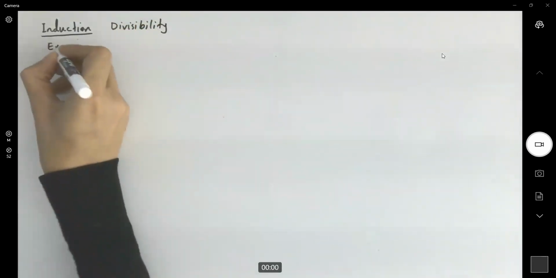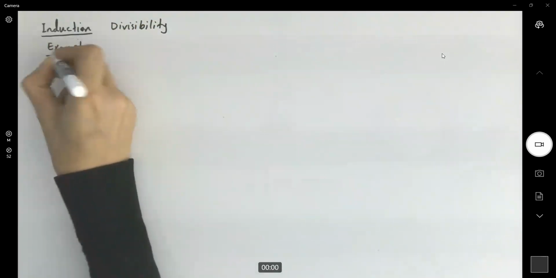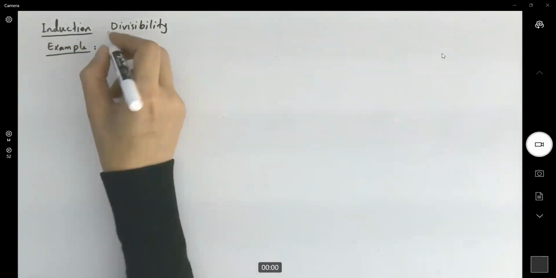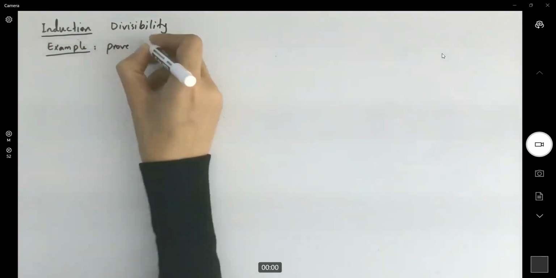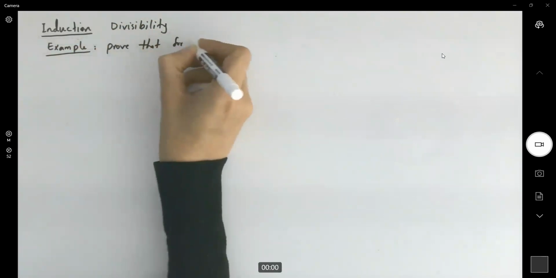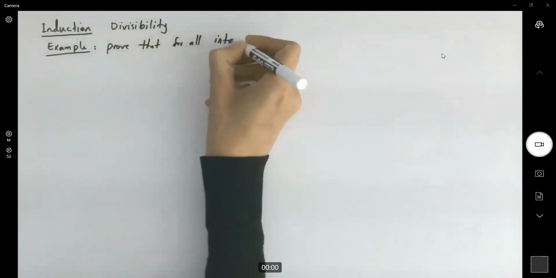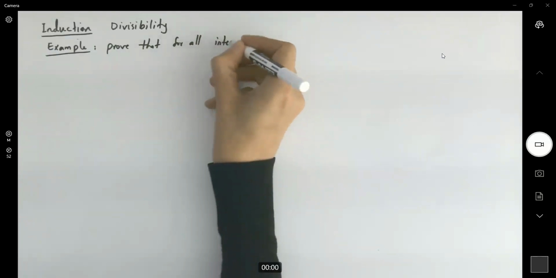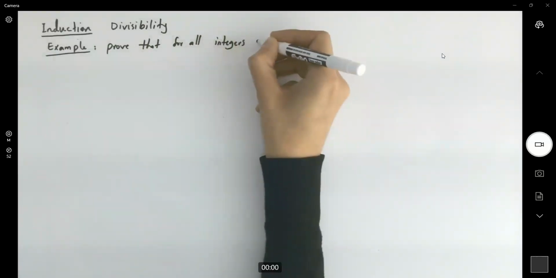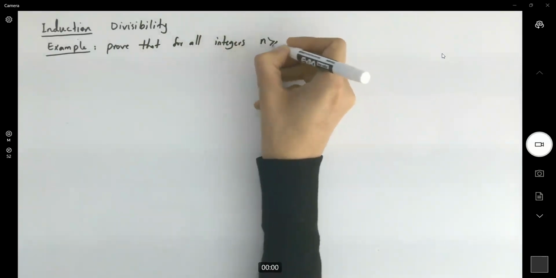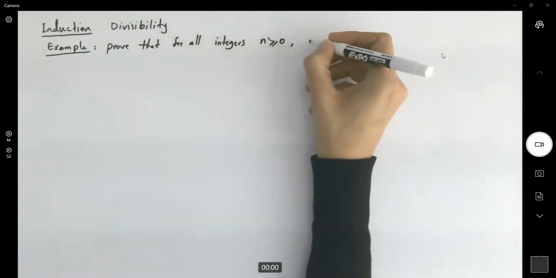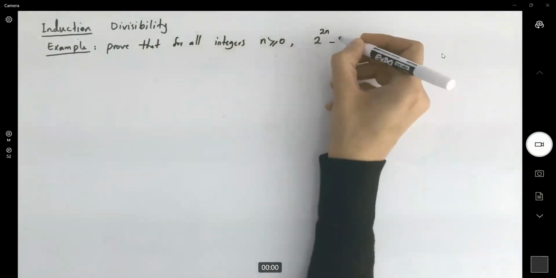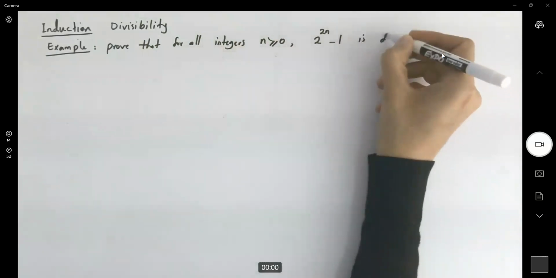In this example, I ask you to prove that for all integers n larger than or equal to 0, 2 to power 2n minus 1 is divisible by 3.